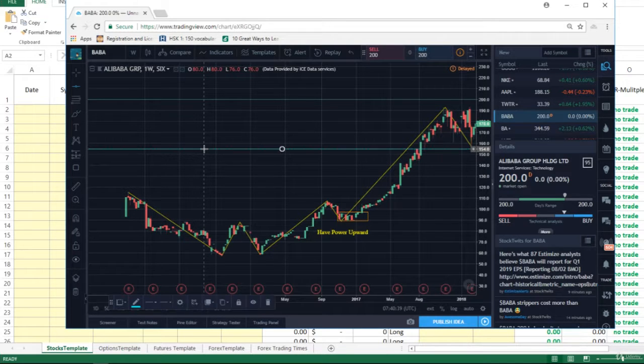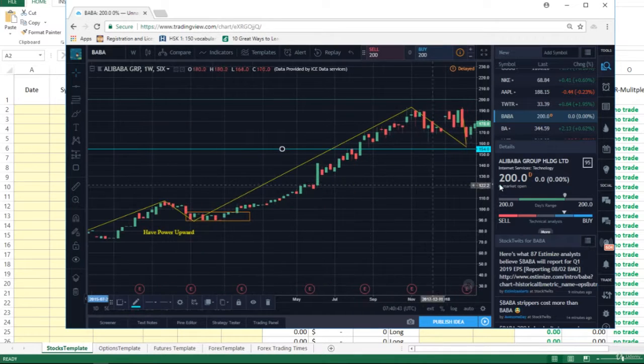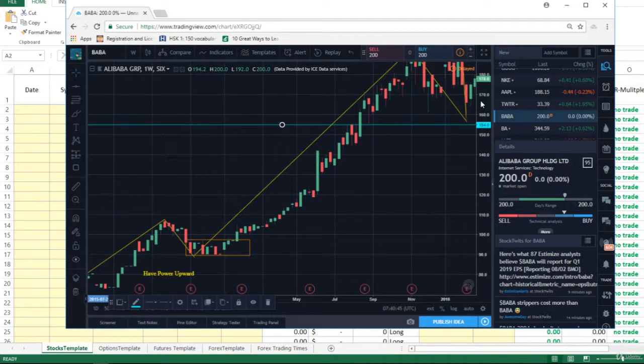So, this is the previous support. We don't want a very sharp close here. We want to allow our price to fluctuate a little bit, so we might put it a little bit lower here.